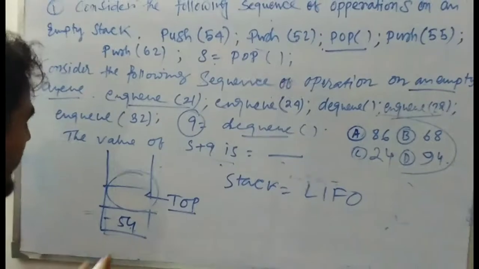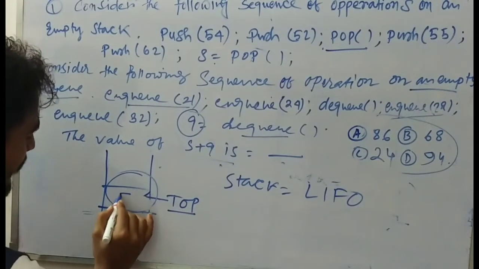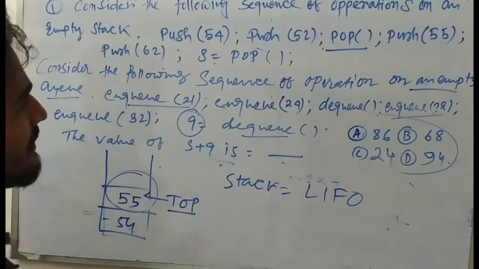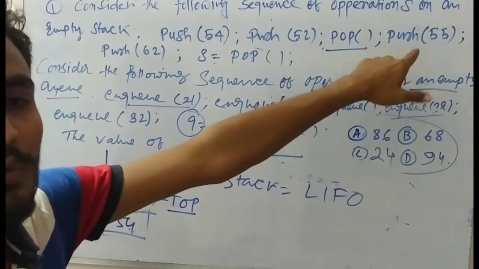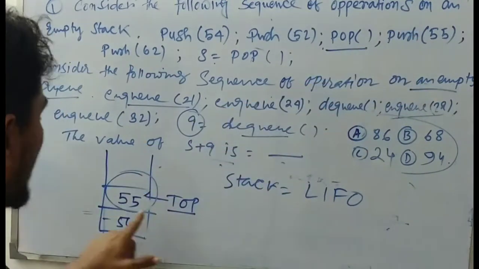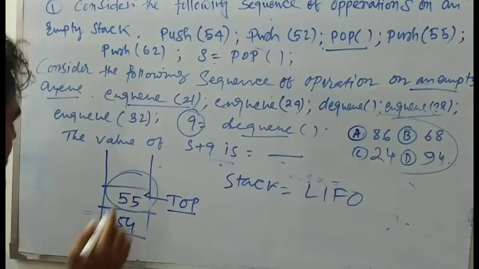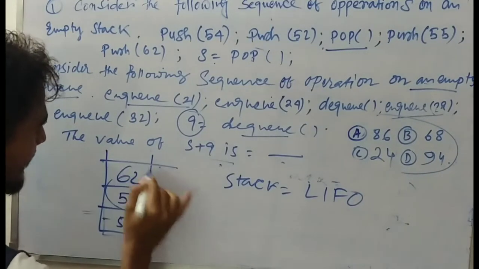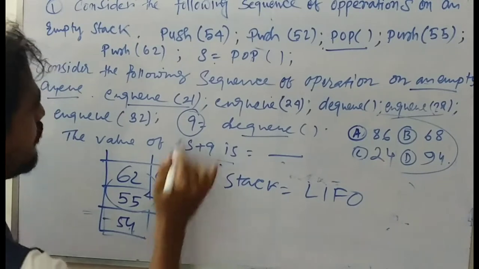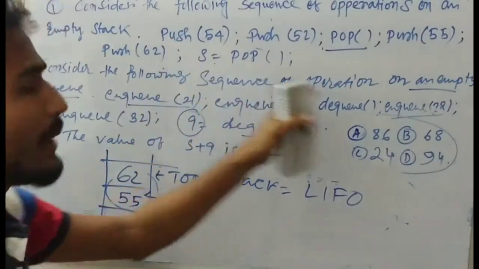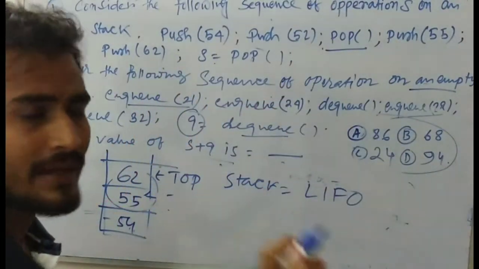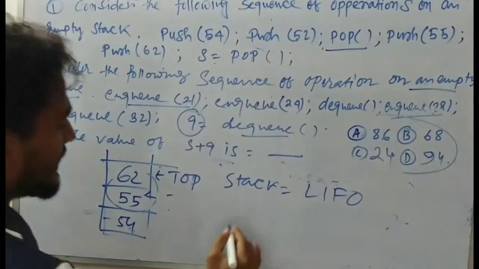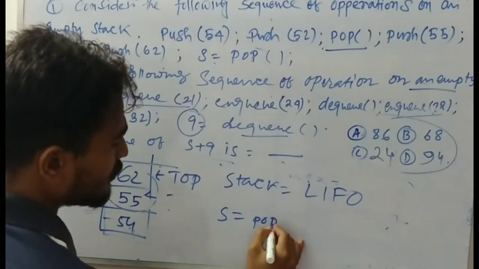Then push 55. Push means insertion, so 55 is inserted. Then push 62. So my top position is 62, because there are no more push operations. Next, S equals pop.